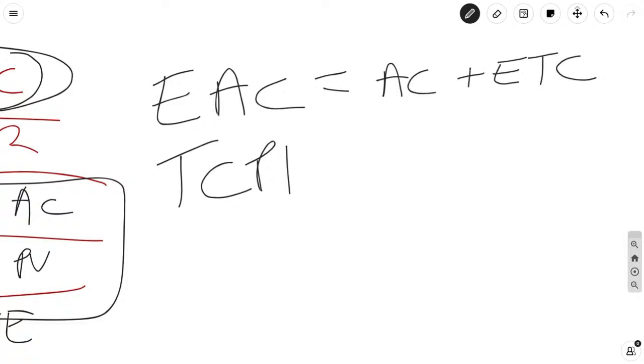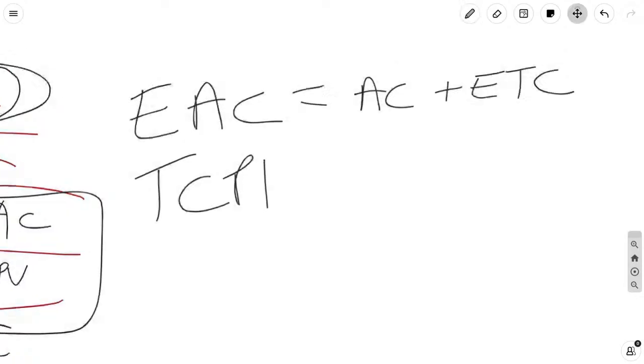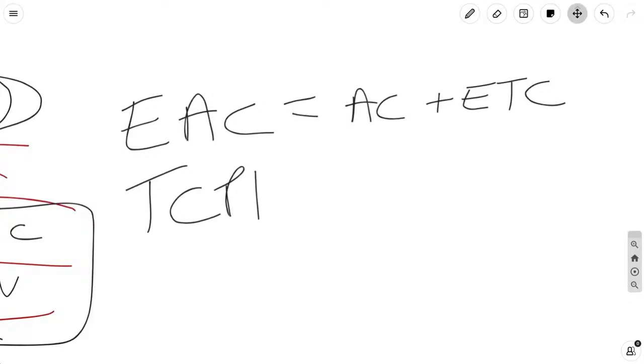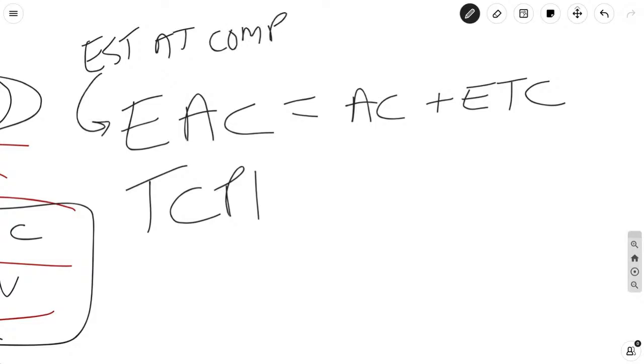Simply put, there are 4 EAC formulas, but I want to keep it very simple and distill it down to its bare common sense. Estimate at completion. This just says when all is said and done, how much would you have spent based on today's conditions? See that? EAC is based on today's conditions.